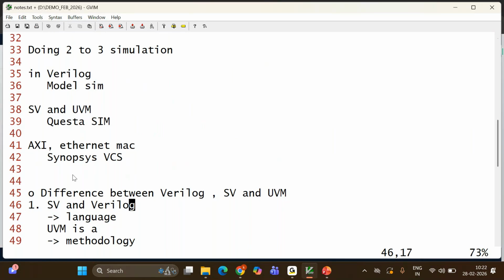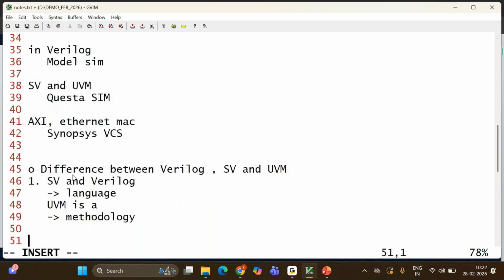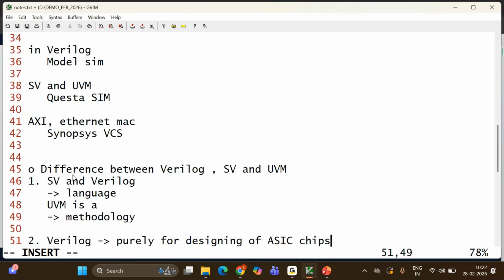SV and Verilog are like C and C++ languages. Second thing is Verilog is purely for design, purely for design purpose, designing of ASIC chips.